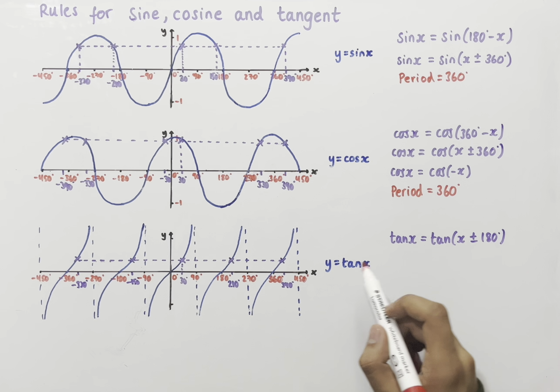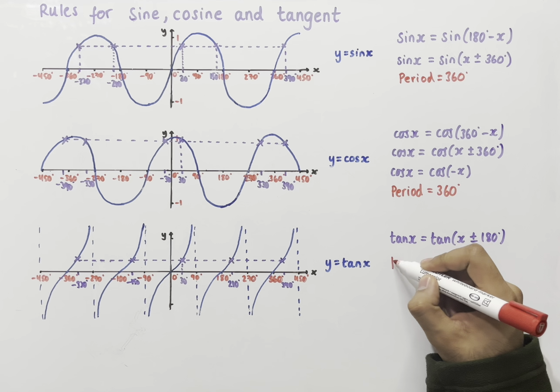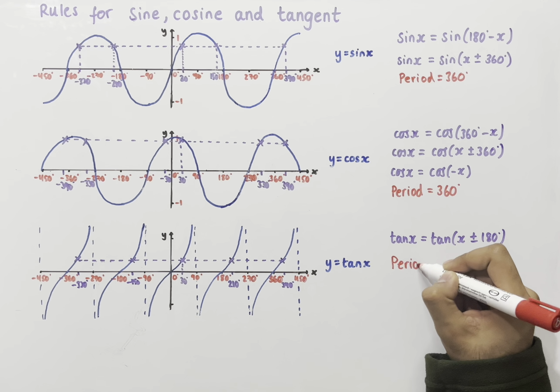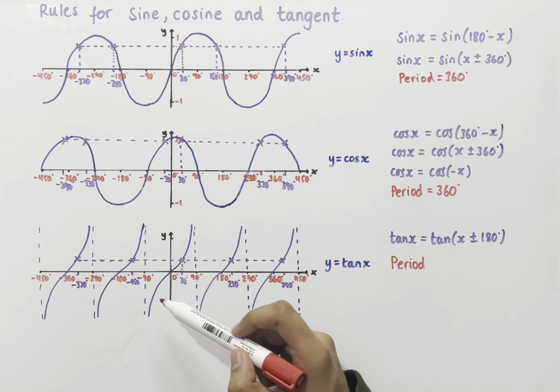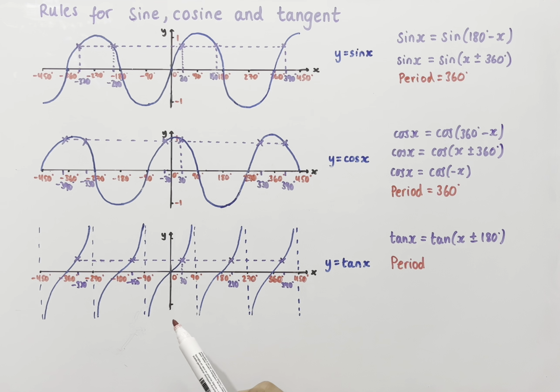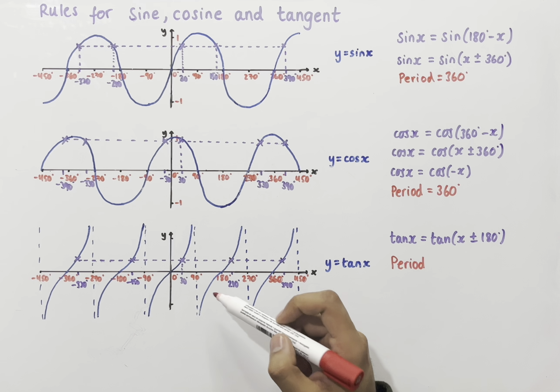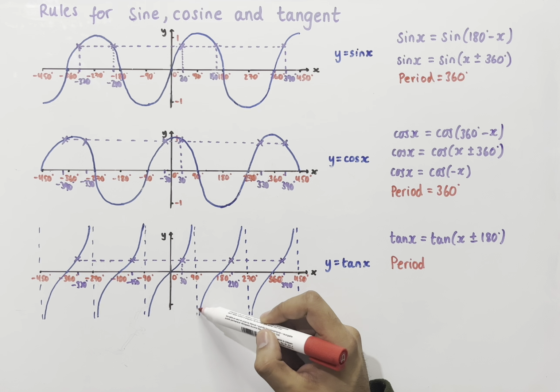Finally, if we think about the period of the tan graph, then remember that the period is the total length or the total angle to complete one full cycle. And so what we can do is consider one of these curves and see how many degrees we need to complete that cycle. So let's think about from 90 degrees here.